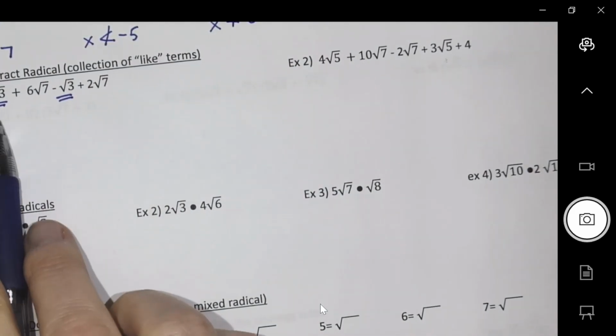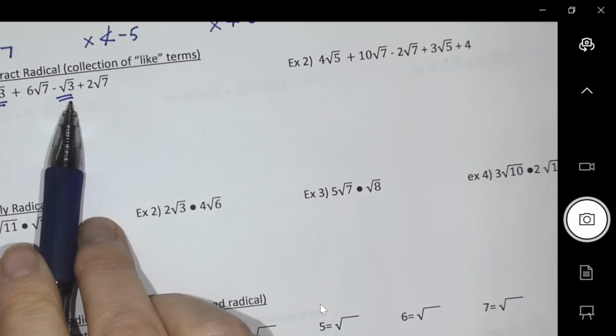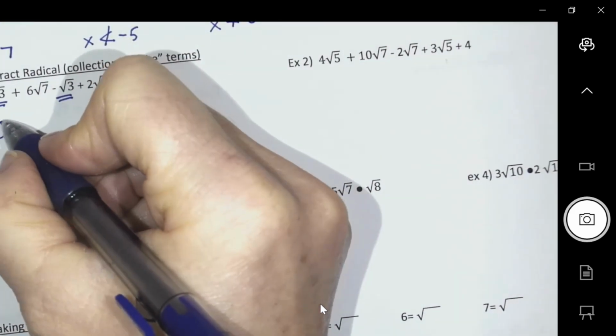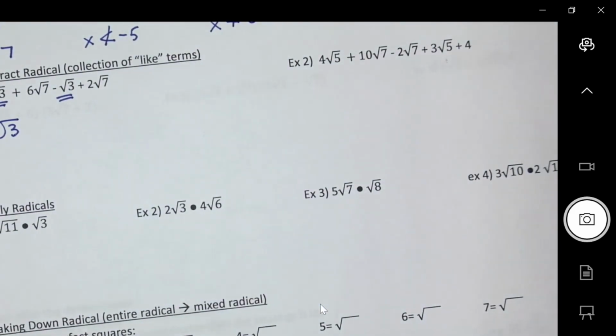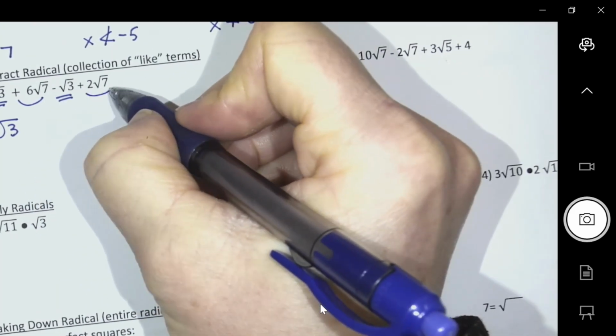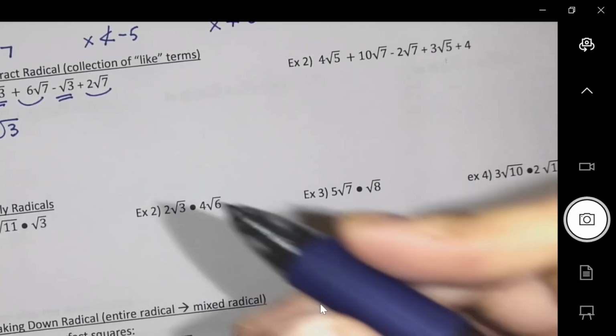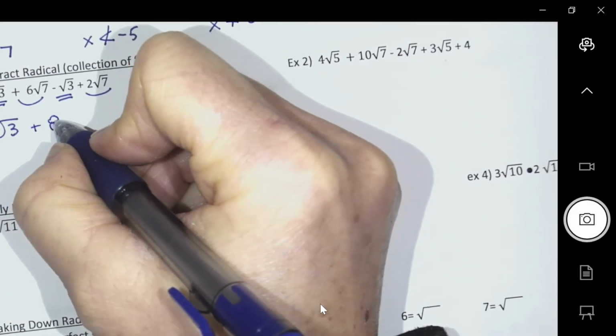So if I have 2 root 3's and I subtract a root 3, you would just get 1 root 3. And I can combine those terms because they're like each other. So if I have a 6 root 7 and then 2 more root 7's, I have 8 root 7's.